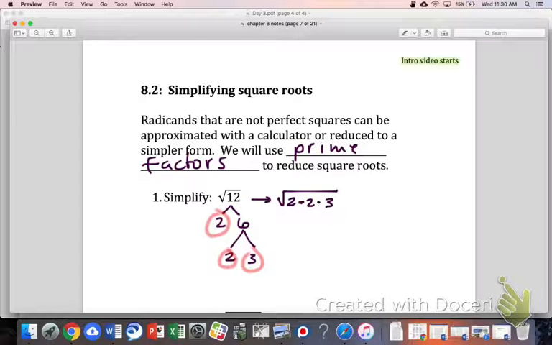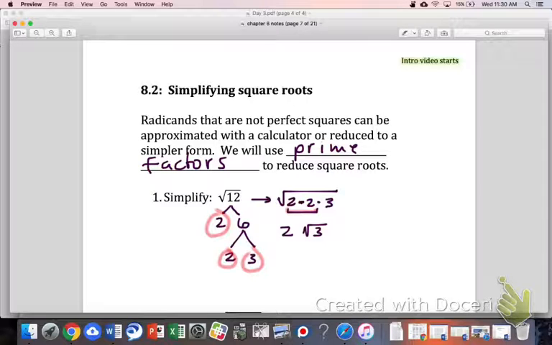Within my radicand I've got a pair of 2's, but I only have a single 3. So 2 times 2 is really 4, right? And so the way that we can simplify this is, if I've got two 2's inside the radical, then I can take a 2 out. And so I end up with 2 times the square root of 3. The reasoning behind that, again, is that 2 times 2 is 4, and the square root of 4 is 2.